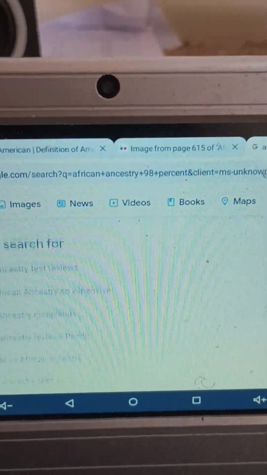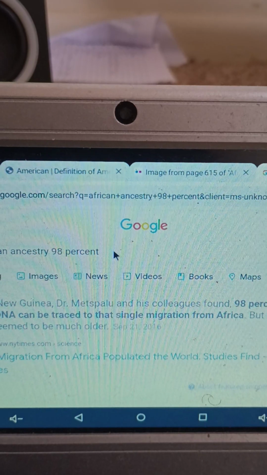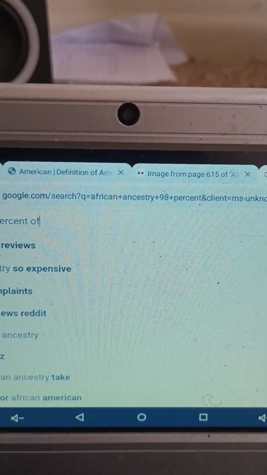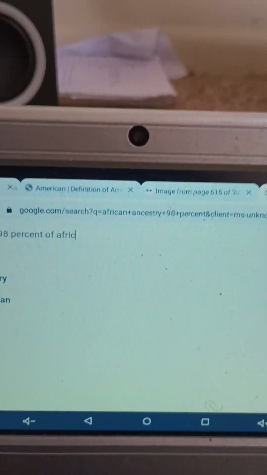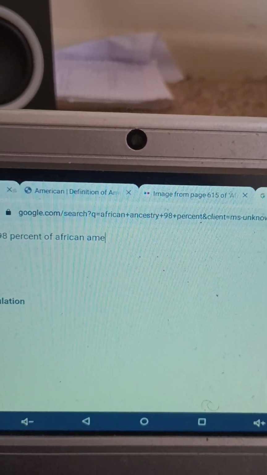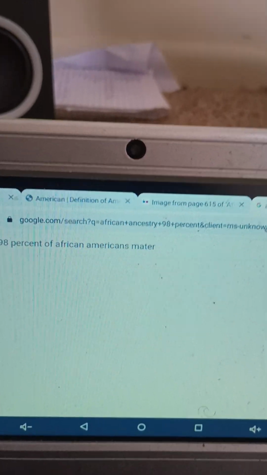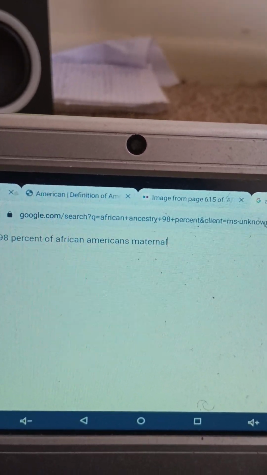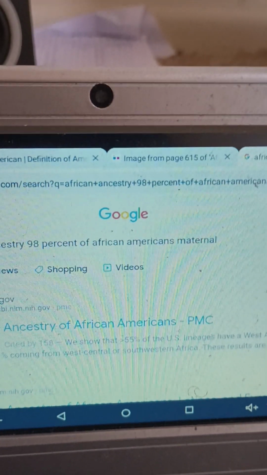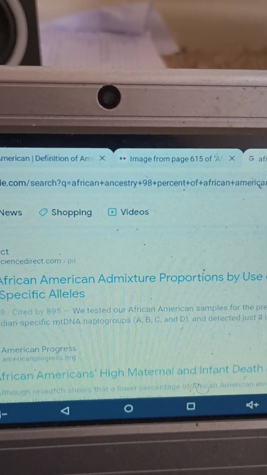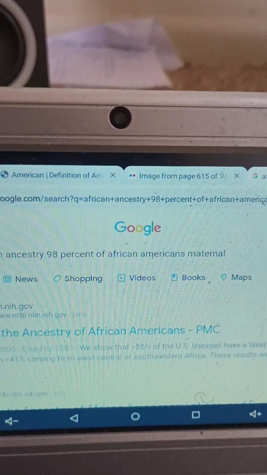See if I can find. African Americans maternal. I think it is. How to find this? Is it the Metroclan test?